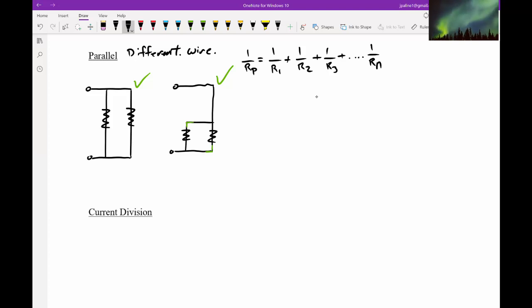So you can actually rearrange this to say R parallel is equal to 1 over R1 plus 1 over R2 plus 1 over R3 plus dot dot dot 1 over Rn.